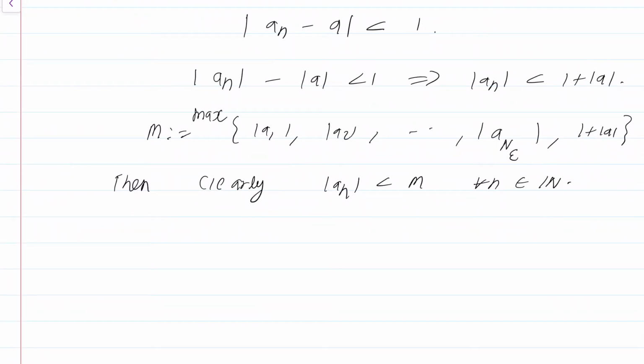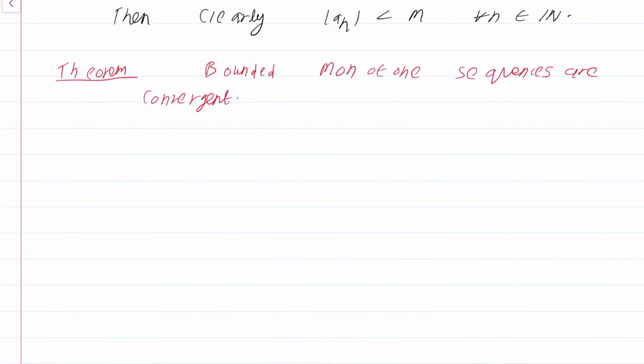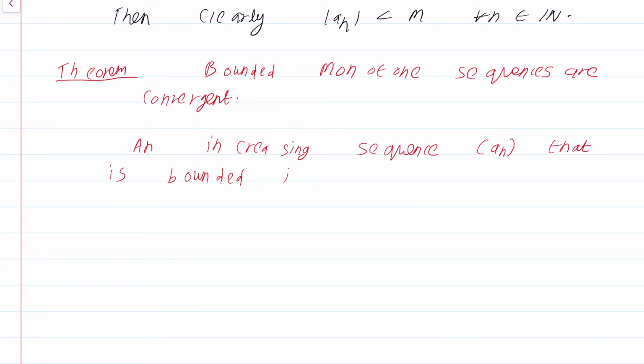Now we come to the important theorem that says bounded monotone sequences are convergent. An increasing sequence a_n that is bounded is convergent.